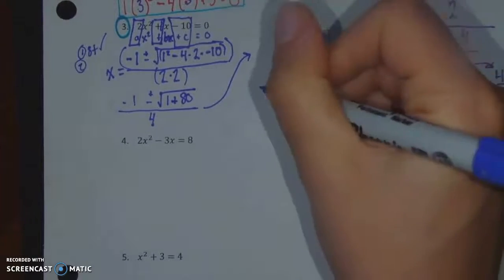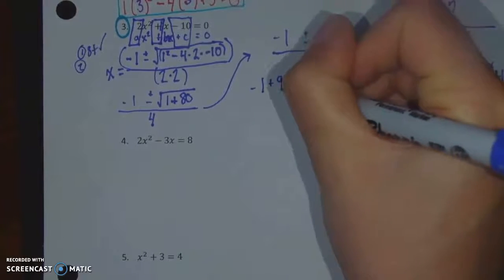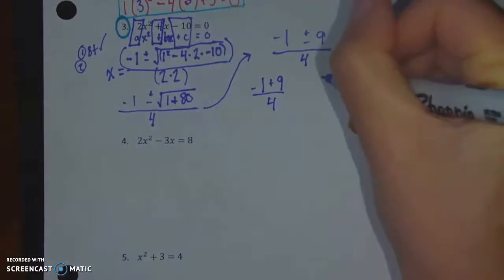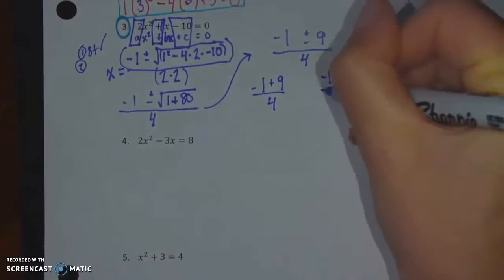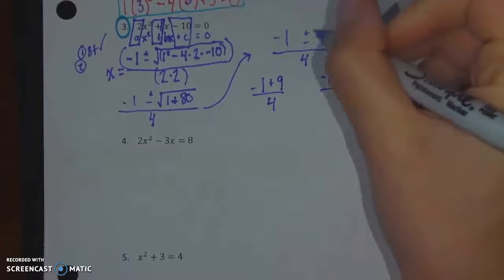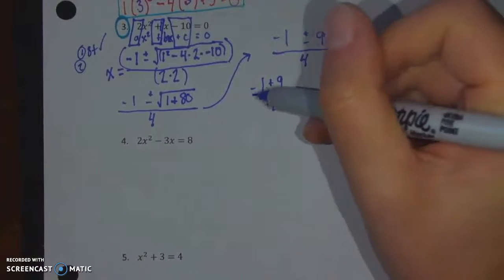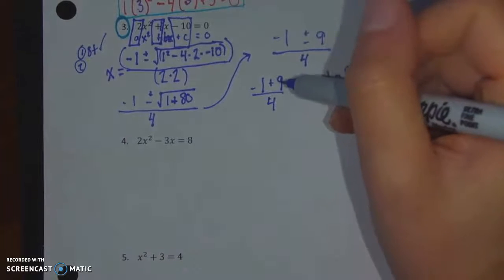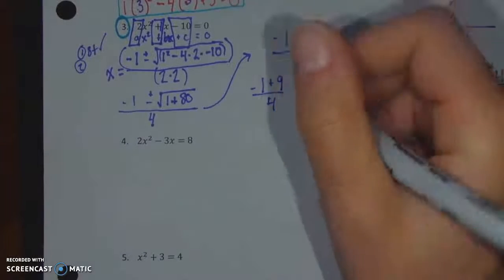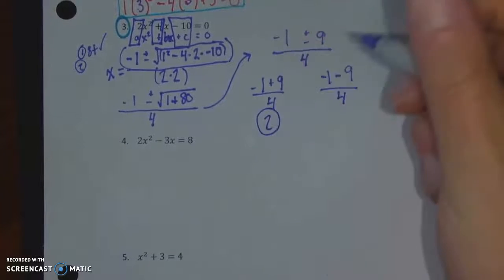When I split this up, I end up with negative 1 plus 9 over 4 and negative 1 minus 9 over 4. Because again, I can't solve this together. I do need to split it up at this point if everything's simplified until then. So negative 1 plus 9 is 8, and 8 divided by 4 is 2. So that's one answer.